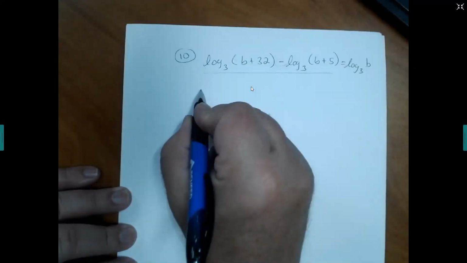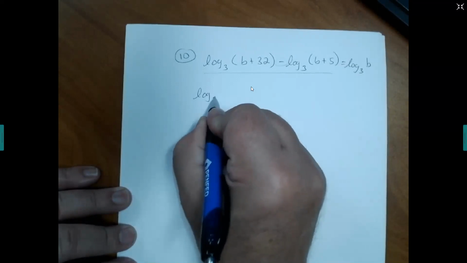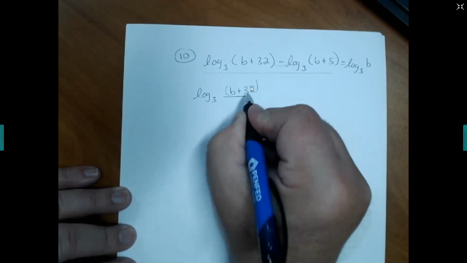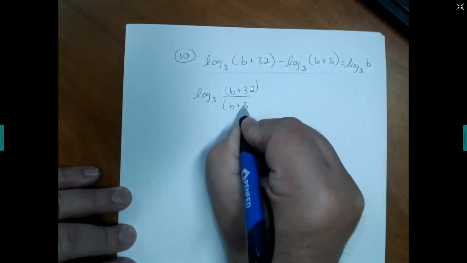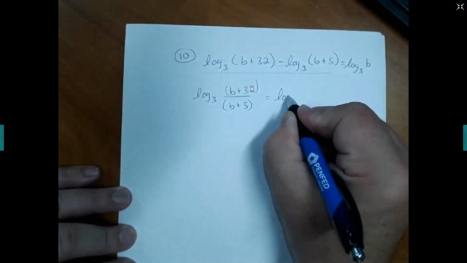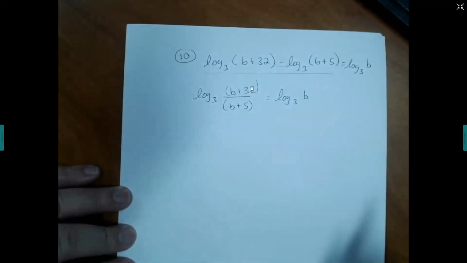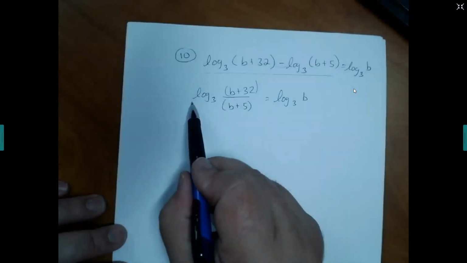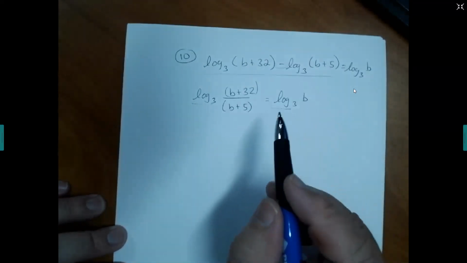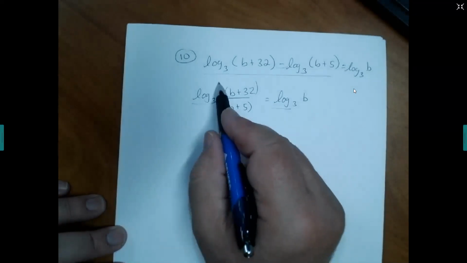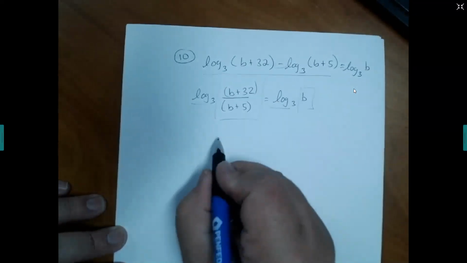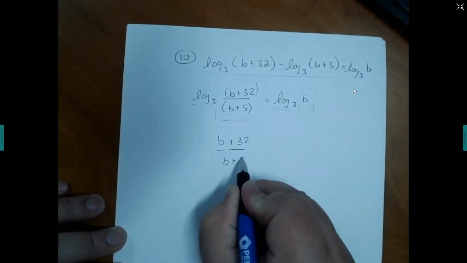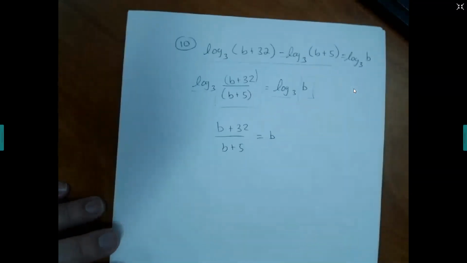Since there's subtraction, we put into a fraction. Log base 3 of b plus 32 over b plus 5 equals log base 3 of b. Since they're log base 3 on both sides, the only way they could be equal is if these operations are equal. So b plus 32 over b plus 5 equals b.